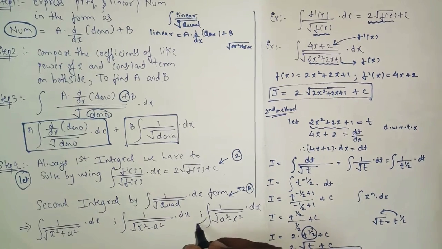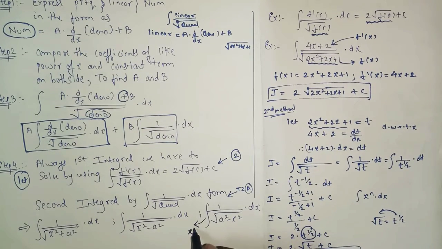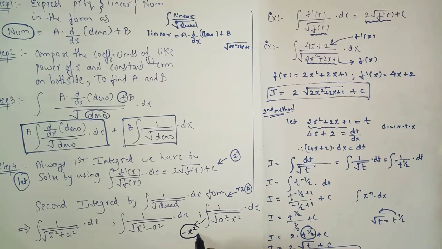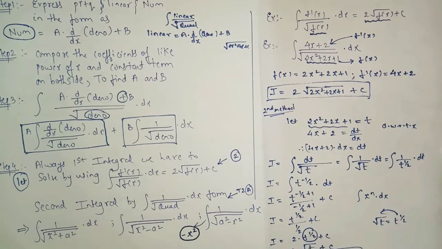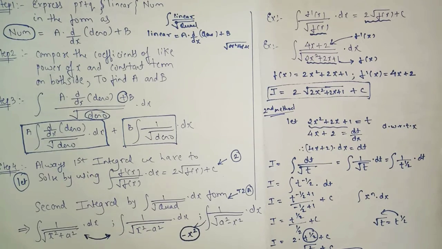As we know, the third formula applies whenever the symbol of x square is negative; in that case, straight away you have to apply the third formula. And whenever the symbol of x square is positive, no need of thinking much, you have to apply either the first formula or the second formula. Got the point? Okay, so let's check one more example based on type number 2b.